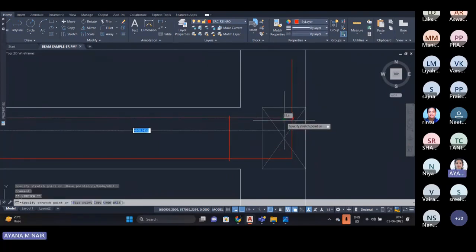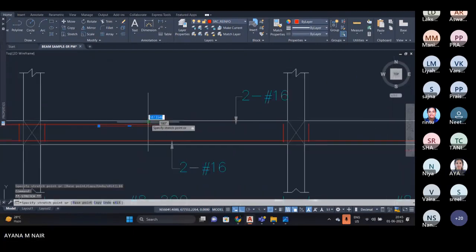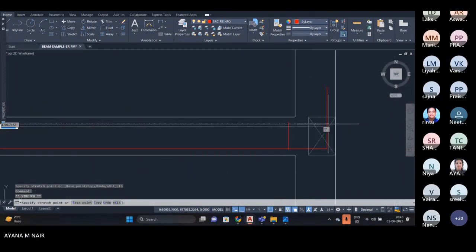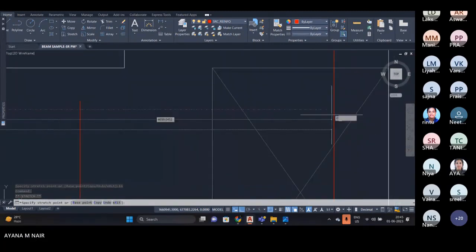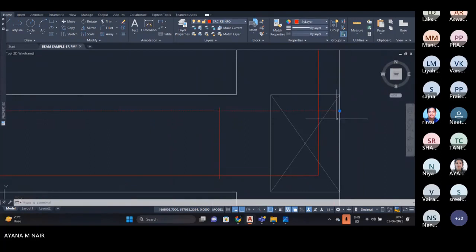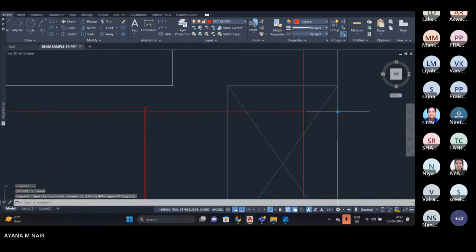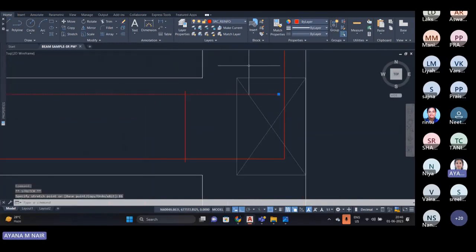And the distance between these two bars is 16 mm. So the distance is 16.